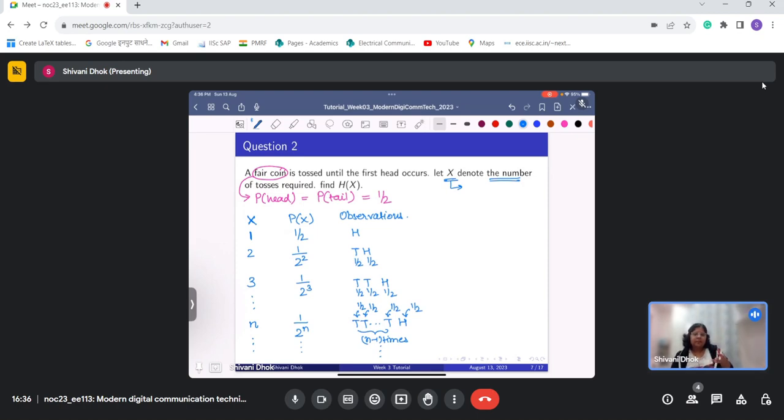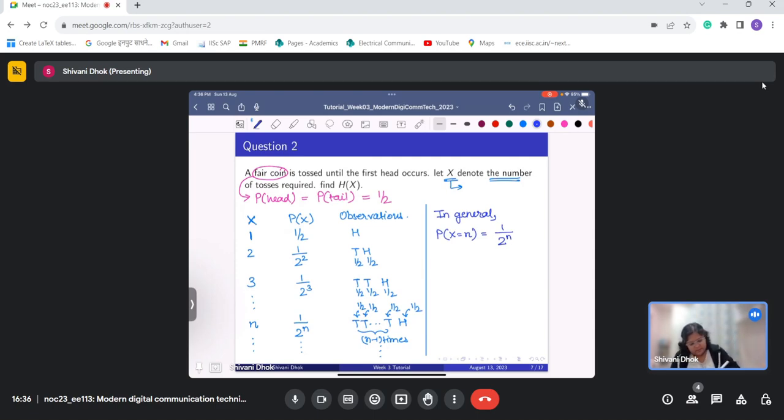This n will take a value from 1, 2, 3, 4 and so on. So in general, the probability that X takes a value n is given by 1 upon 2 to the power n.